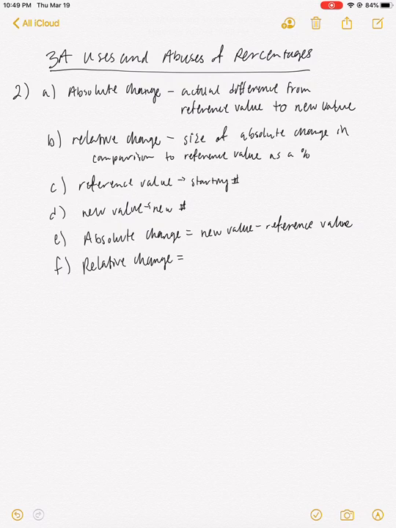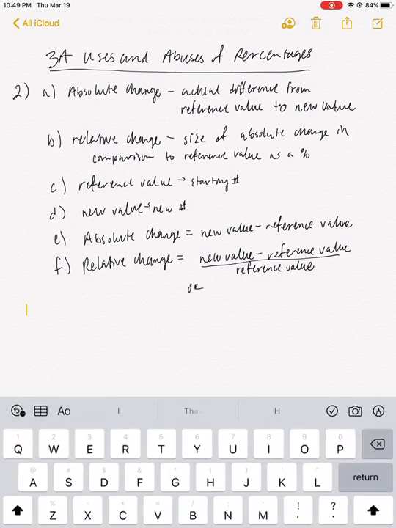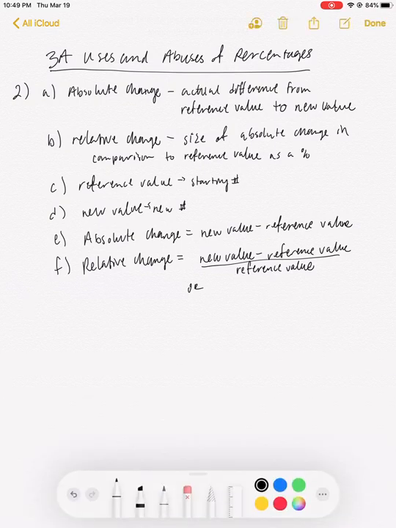That is equal to the new value minus the reference value, divided by the reference value, or the absolute change divided by the reference value.